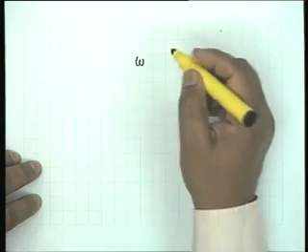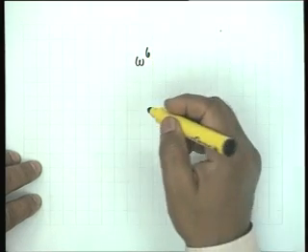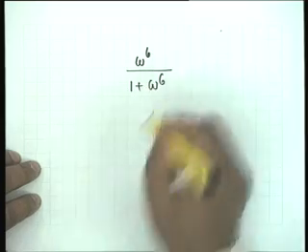Now before I leave this problem I want to extend this common sense a little bit further. Suppose to start with your function was, let us say, omega to the 6 divided by 1 plus omega to the 6.